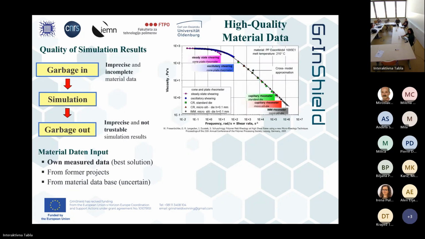We then measure such a viscosity curve that, look here, is 8 decades in frequency with 4 different rheometers. So it's costly. But here you have the cone plate measurement in steady state rotation, and the blue ones in oscillating mode. We need both to find the zero shear viscosity on the one hand, but also to come to higher frequencies so that we have no big gap in between the data which we measure with the capillary rheometer.